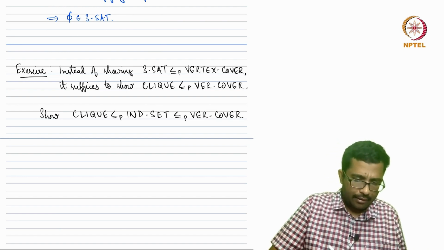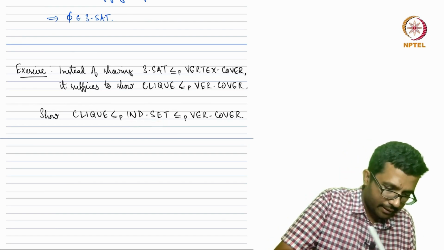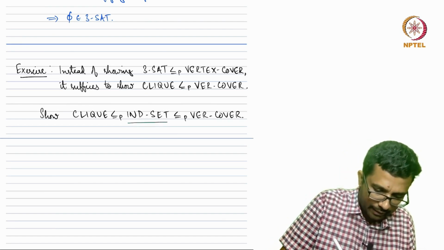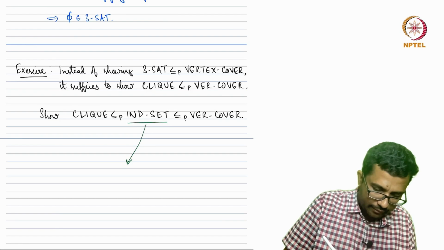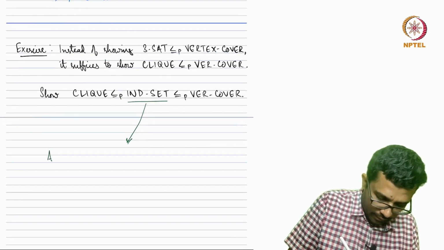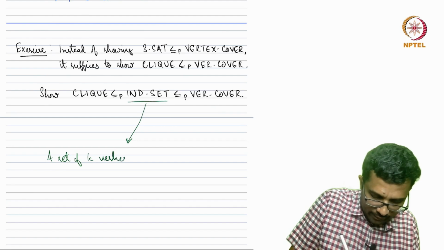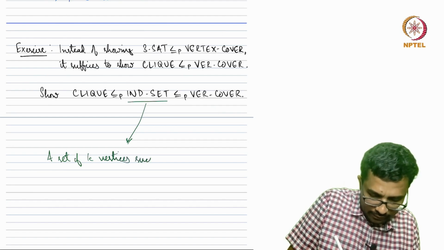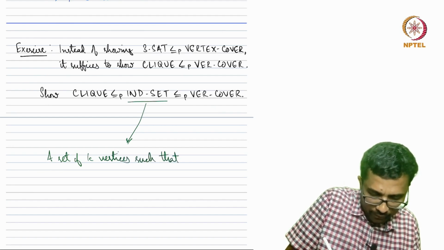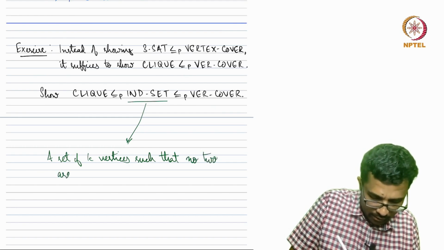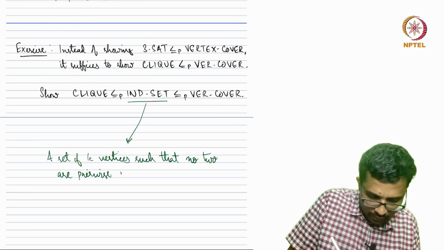I think you can look up what the meaning of independent set is. Maybe I'll just write it here. A set of k vertices such that no two are pairwise adjacent.